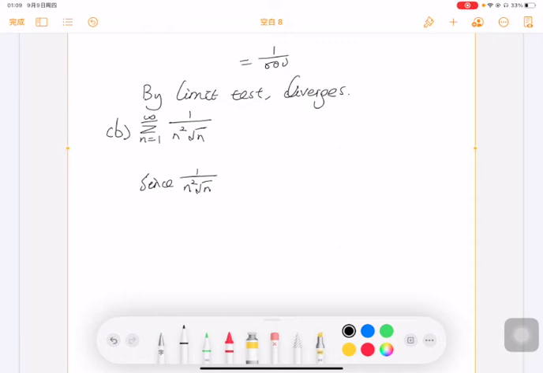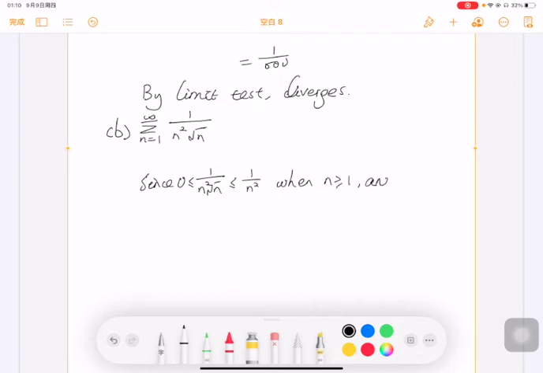to infinity. Okay, and when n is larger than or equal to 1, then 1 over n squared times the square root of n is smaller than or equal to 1 over n squared. Of course, all of that is positive when n is larger than or equal to 1.